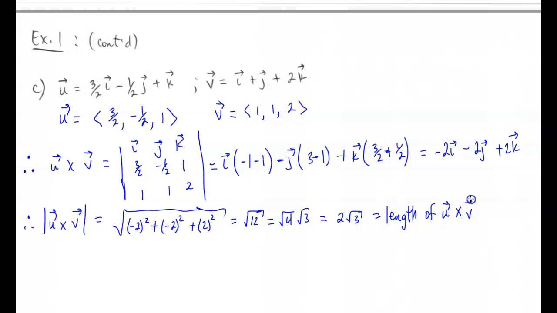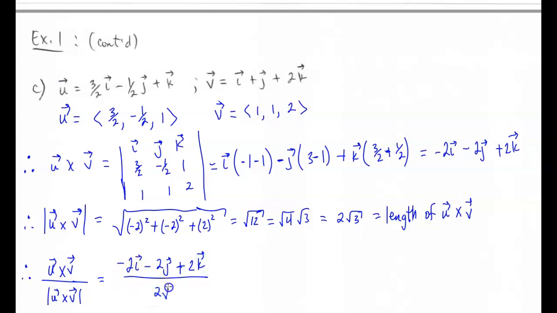Of u cross v. So now that we have that, of course we can find the direction, aka the unit vector for u cross v, which will just be u cross v divided by its magnitude. And if we look here, that's minus 2i minus 2j plus 2k, all divided by 2 times square root of 3.